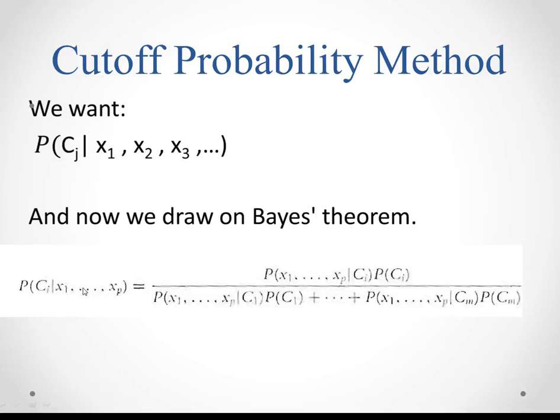Temperature. Okay? So let's suppose X1 might be high humidity. X2 might be windy false, not windy. And X3 might be high temperature.